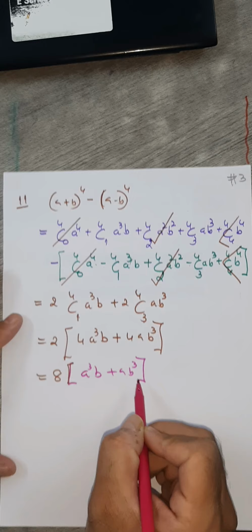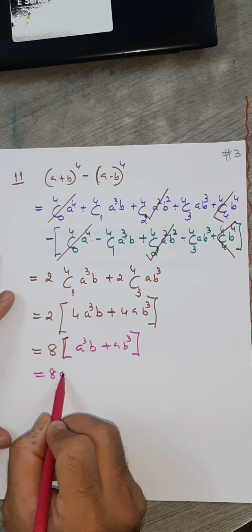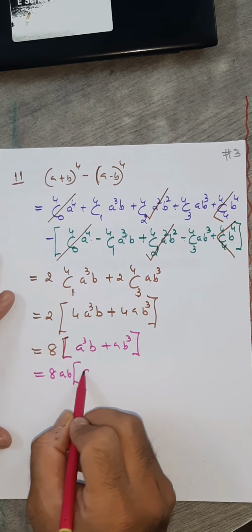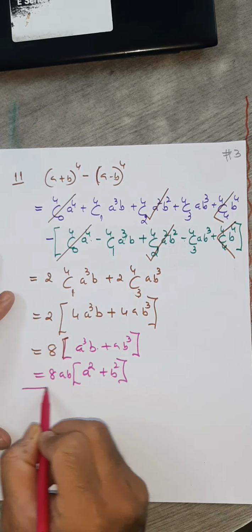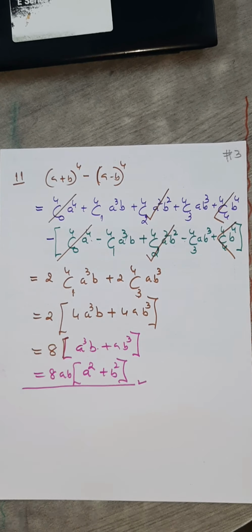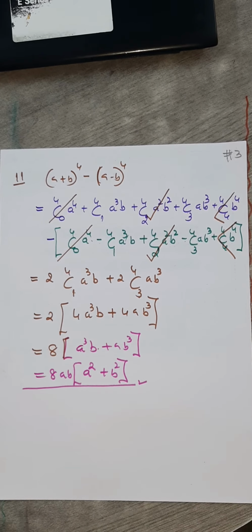Even if you want one more, you can take a b outside. So here you are left with a square and there you are left with b square. This is simplification, right? So the final simplification is 8ab into a square plus b square, remember.